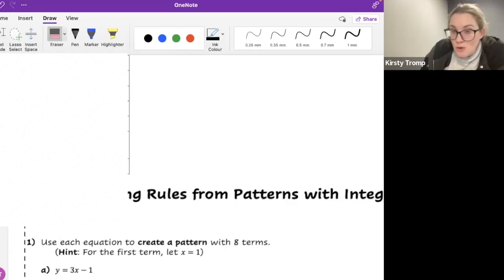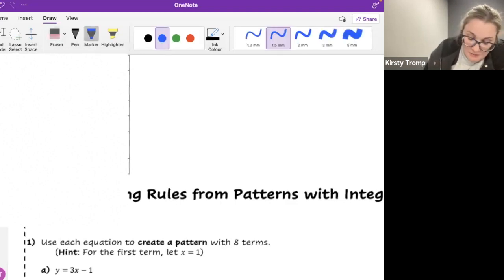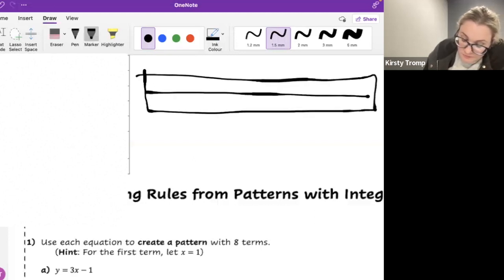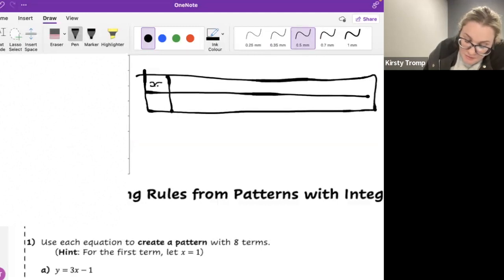So what we're going to do is put these into a table first, to help ourselves out. So I'm going to draw a table here for myself. I'm going to put x on the top of my table, and y on the bottom.